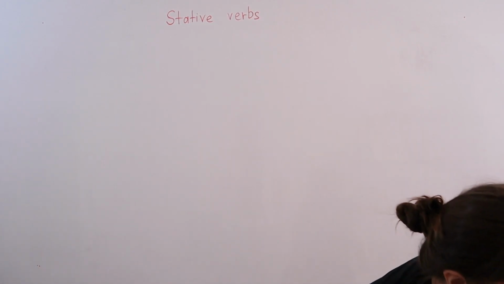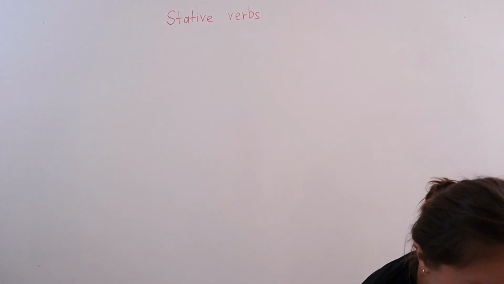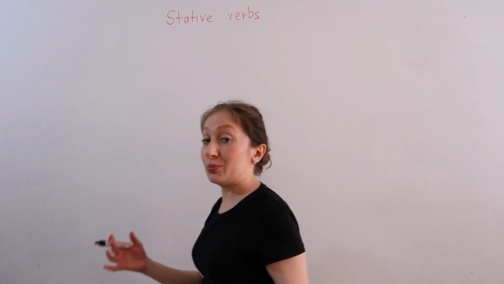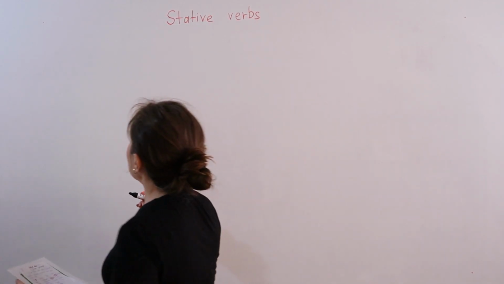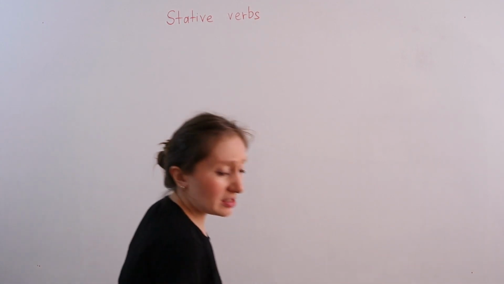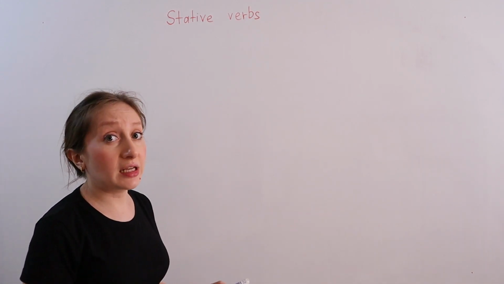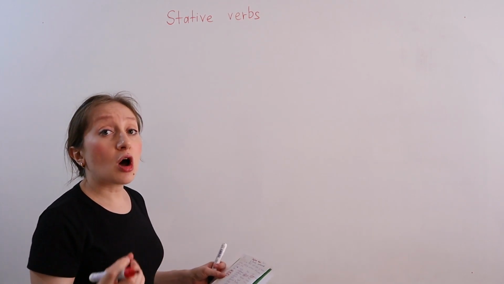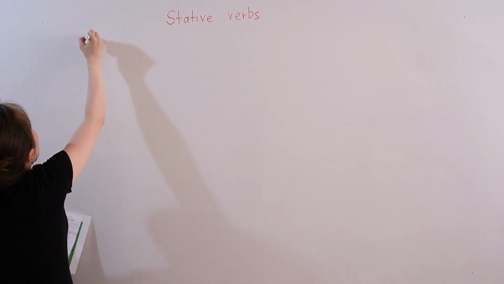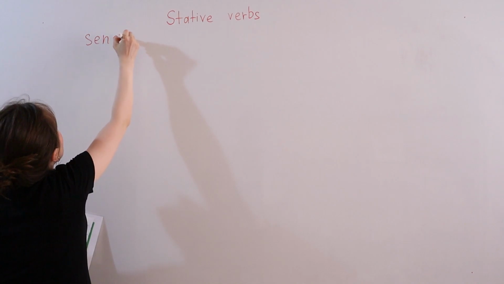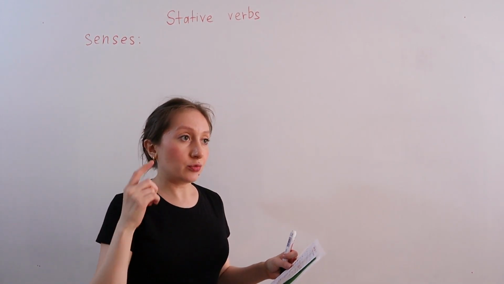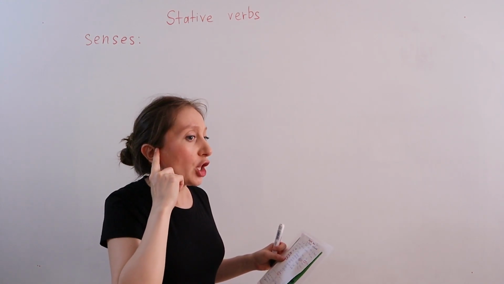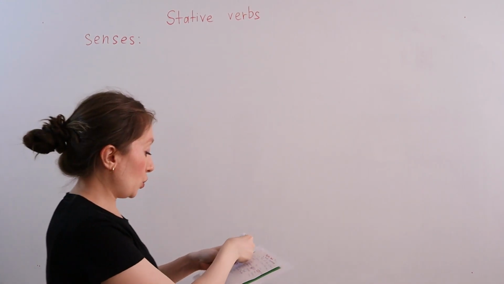So, stative verbs are not used in present continuous if it's the verb of sense. So, there are different categories of stative verbs. Stative verbs of senses. So, I will write senses. You know what it means, senses, right? Smell, hear, see, and so on.